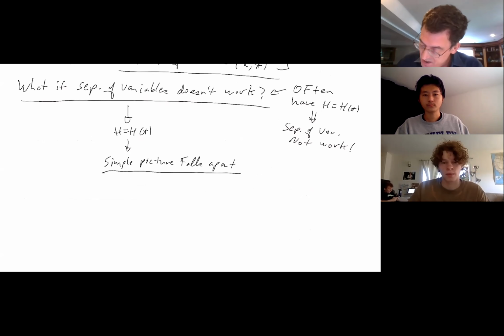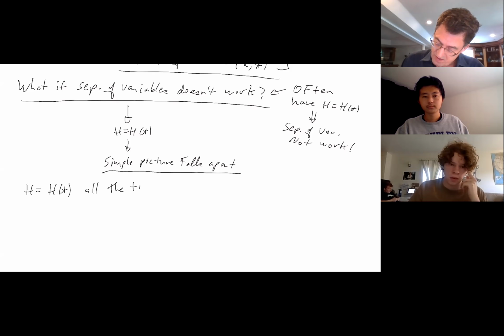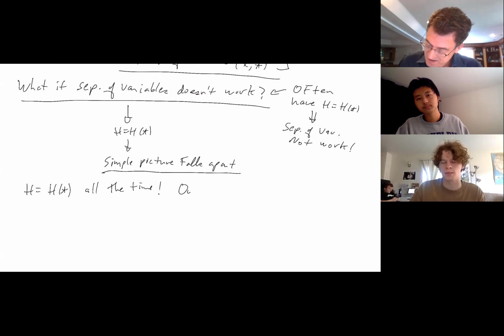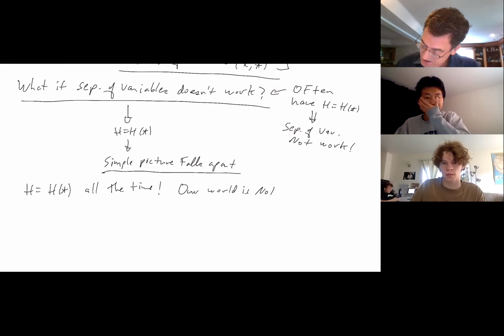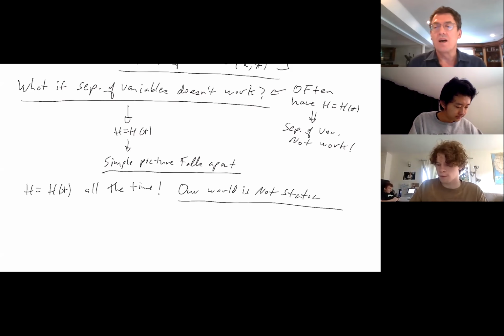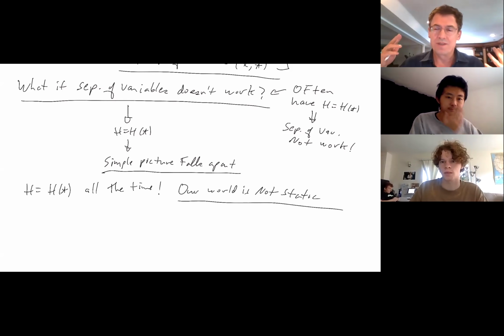And this is very common. So H equals a function of time all the time, because our world is not static. Things change all the time. And so the idea that the Hamiltonian is a constant is pretty stupid.